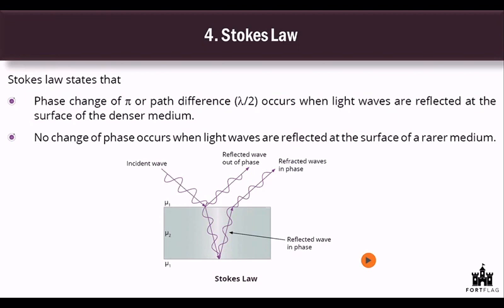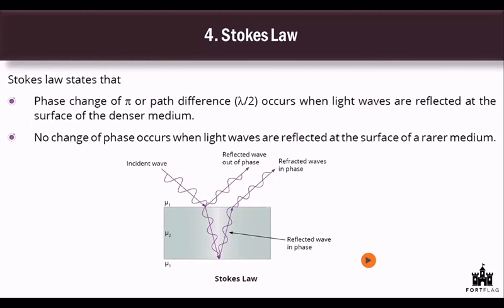If the light stays in the same medium, then there is no phase change, that is, both the waves will be in sync with each other. And if the electromagnetic wave is coming out, from the denser medium to the lighter medium, then also it will be in phase. So this is what Stokes' law tells us.